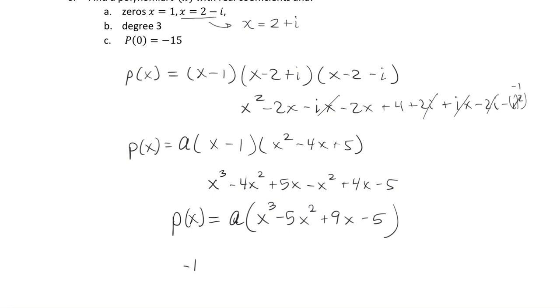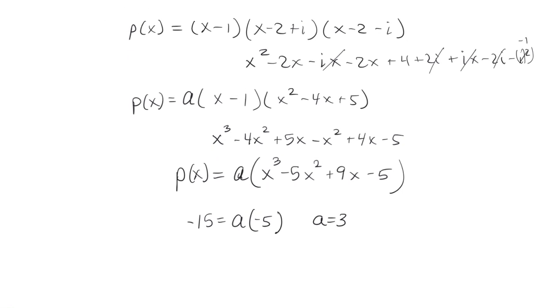So negative 15 equals a times, and if all these variables turn into 0, it's 0 minus 0 plus 0 minus 5, which is negative 5. If you divide both sides by negative 5, you get a is equal to 3.